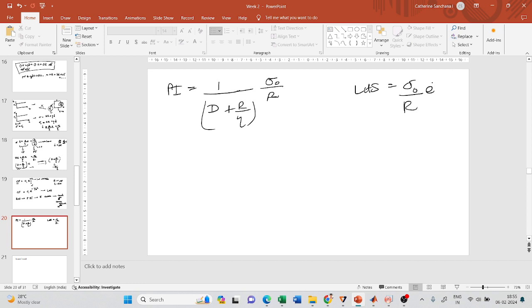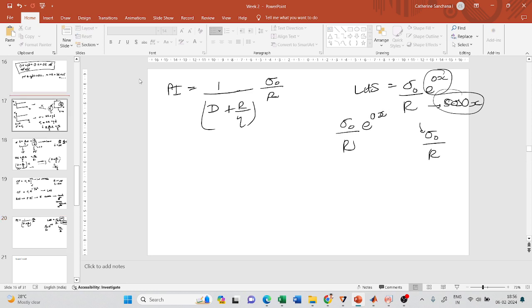Instead of this I can write this as e power 0x, right? So this will also give me sigma naught by r, or I can write it in terms of say cos of 0x. So there's no separate way of solving the particular integral when the right hand side is a constant value. I have to incorporate it in terms of an exponential function or a trigonometric function. So instead of writing it simply as sigma naught by r, I'm going to write it as sigma naught by r into e power 0x.